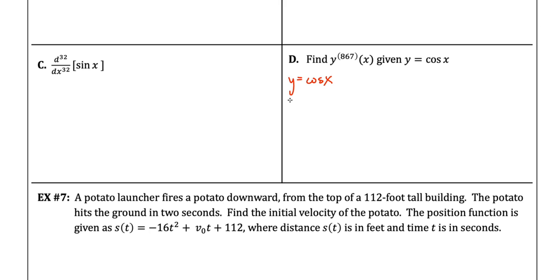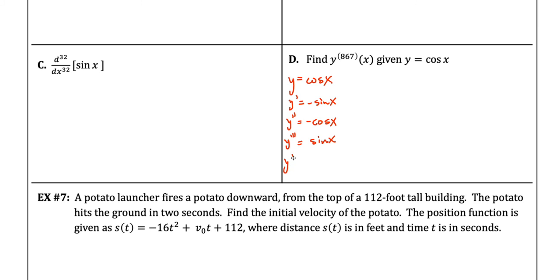So I'm going to write the derivatives until I get back to cosine of x, because then it would start repeating. So y1, first derivative, is going to be negative sine. Second derivative, negative cosine. Okay, so we're not back to the original. We're close. Third derivative, sine.